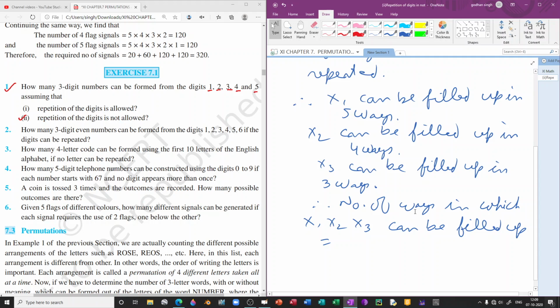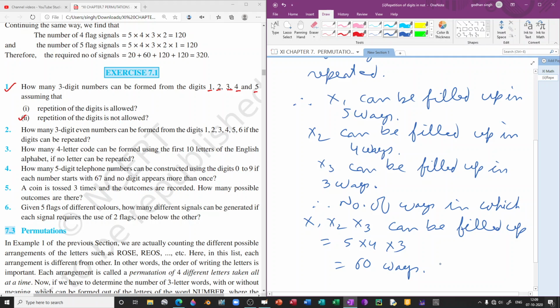Filling up x1, x2, x3 is a continuous process, so it will be 5 into 4 into 3. 5 into 4 is 20, and 20 into 3 is 60. So in 60 ways we can fill up the digits x1, x2, x3.